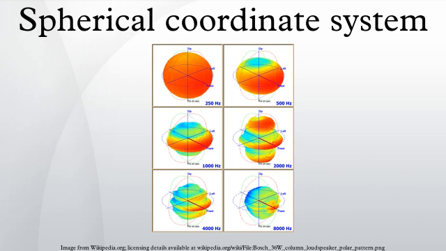Alternatively, the conversion can be considered as two sequential rectangular to polar conversions: the first in the Cartesian xz-plane from (x, z) to (R, θ), where R is the projection of r onto the xy-plane, and the second in the Cartesian xy-plane from (x, y) to (r, φ). The correct quadrants for φ and θ are implied by the correctness of the planar rectangular to polar conversions.